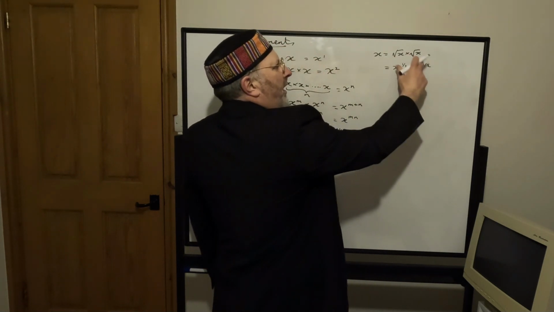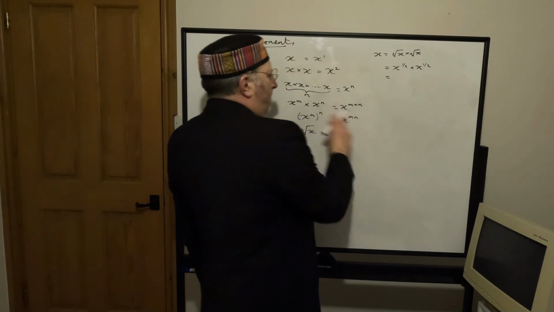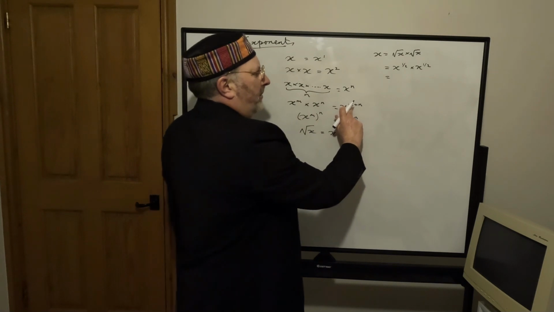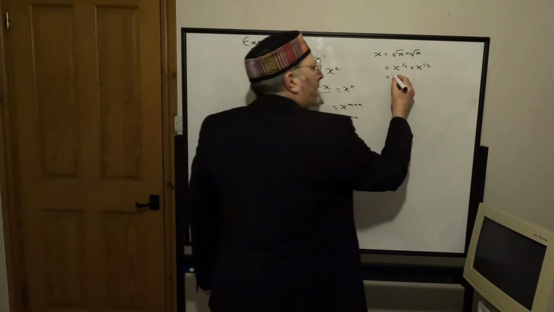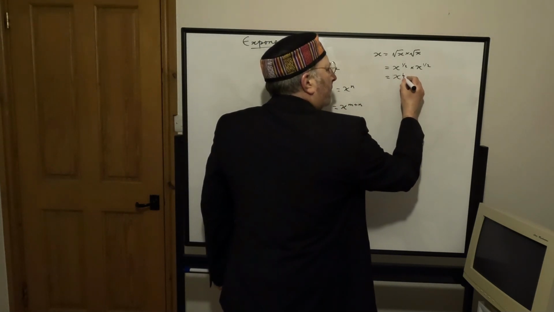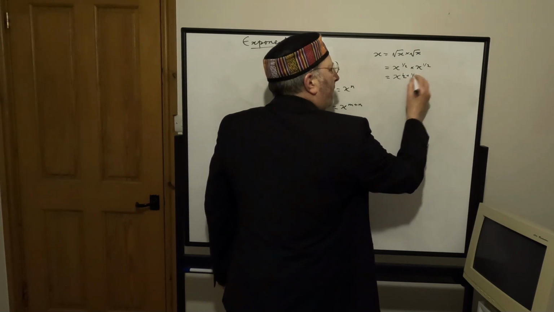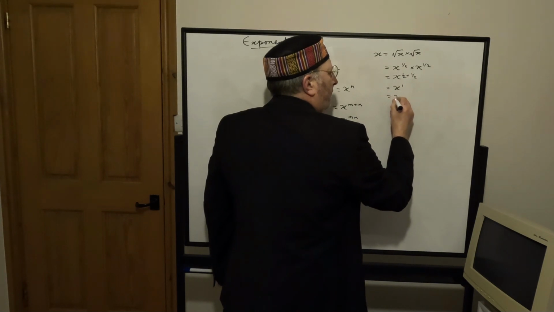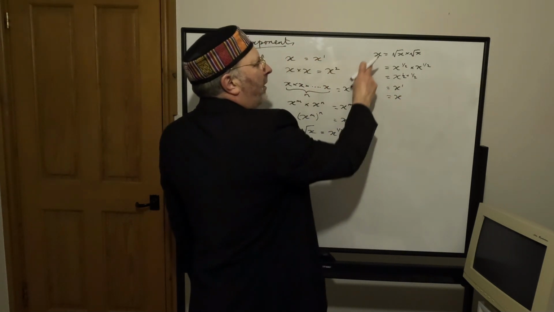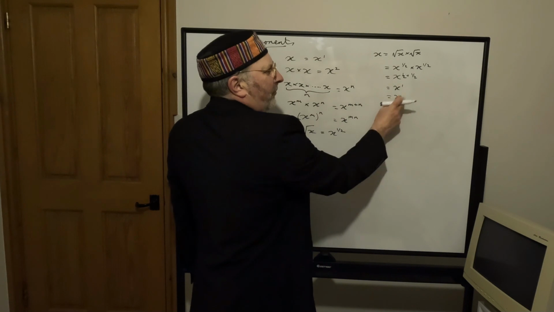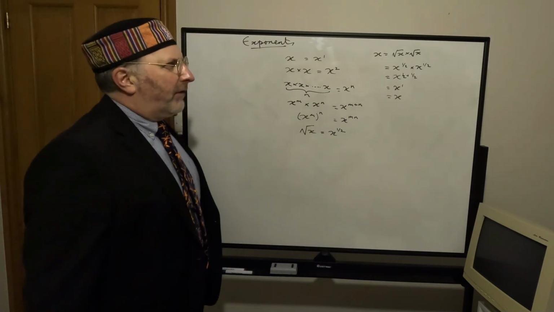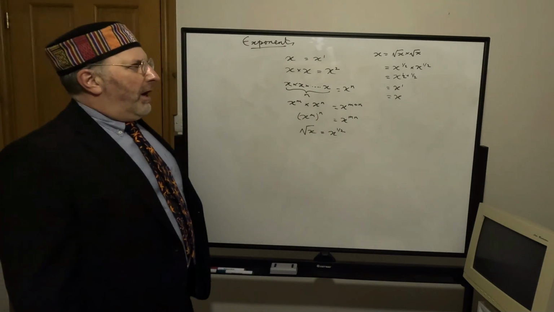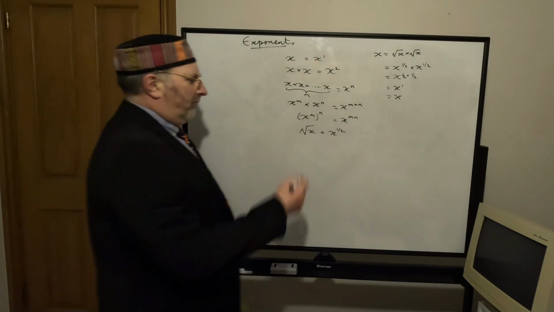So that is x to the half times x to the half. And then by this rule here, a half times a half is going to be a half plus a half. So that's x to the half plus a half. And a half plus a half is 1, so that's just equal to x to the 1, which is x. So that is correct, x does indeed come out as x. That shows that writing this as x to the half is correct, and it makes sense, and it's the right way to do it.